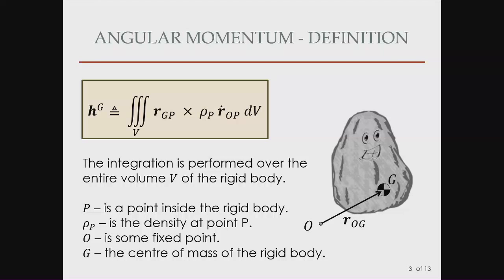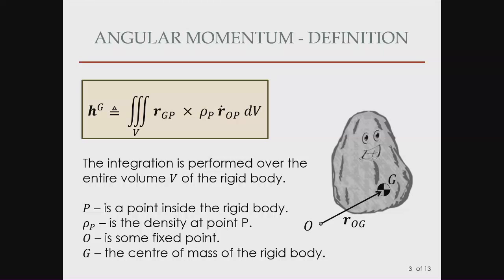What we are going to do now, first of all, gradually we are going to move from this definition, which is based on the definition for a particle. We are going to move from this inconvenient definition, because we don't want to do, again and again, a cross product and integration across the volume of the rigid body.